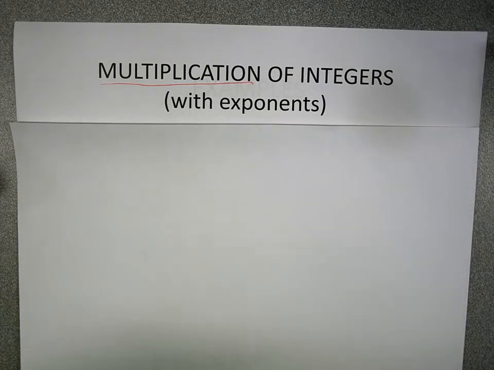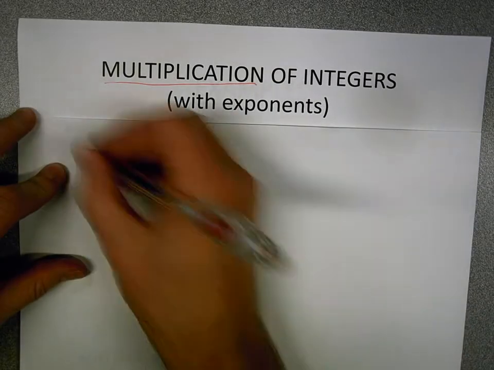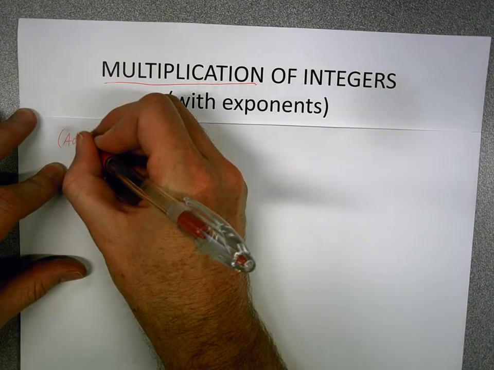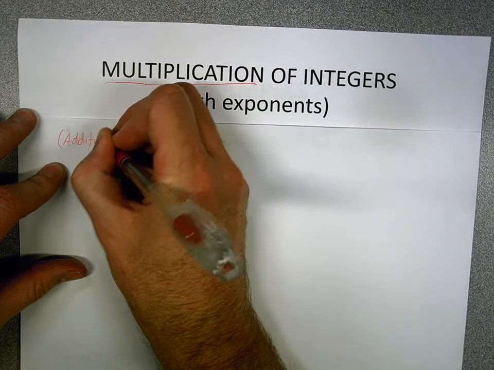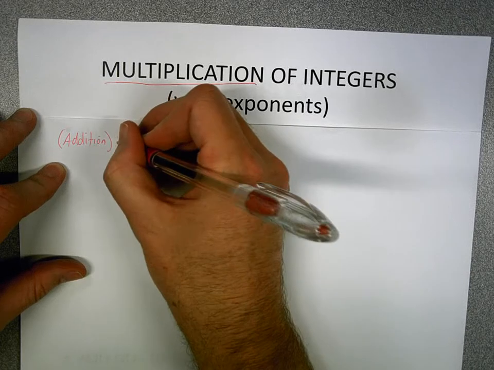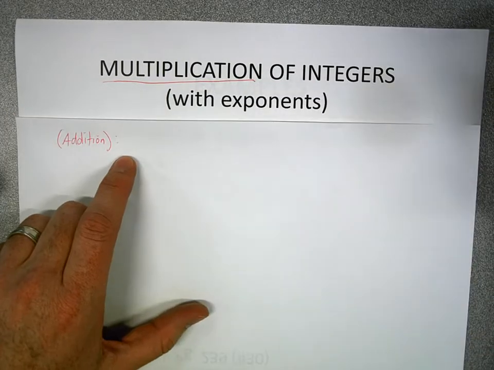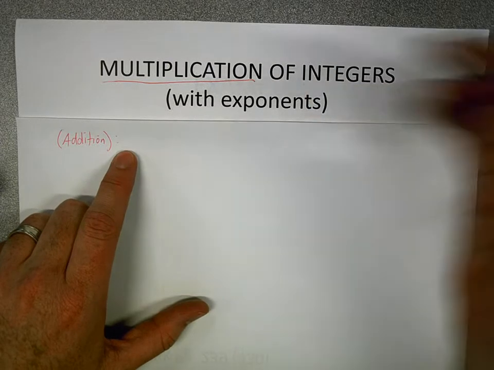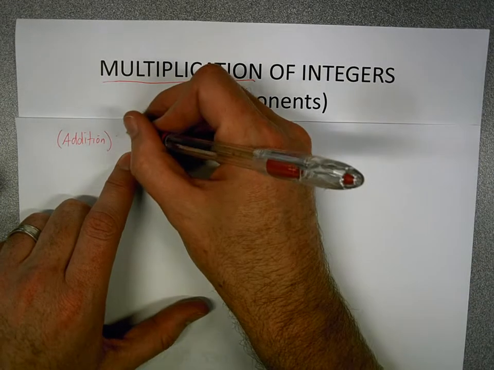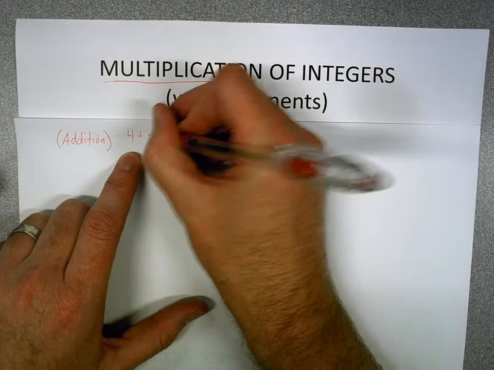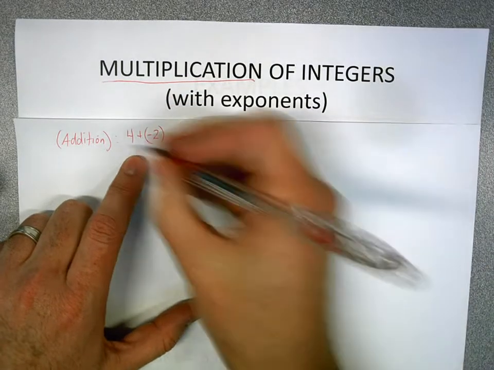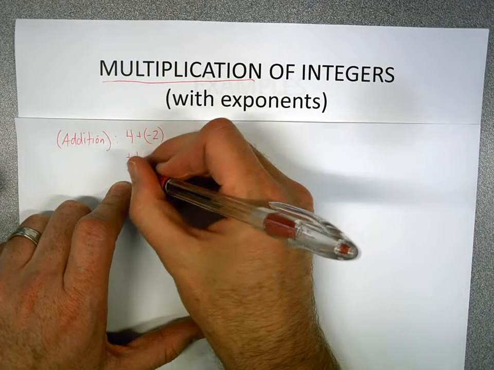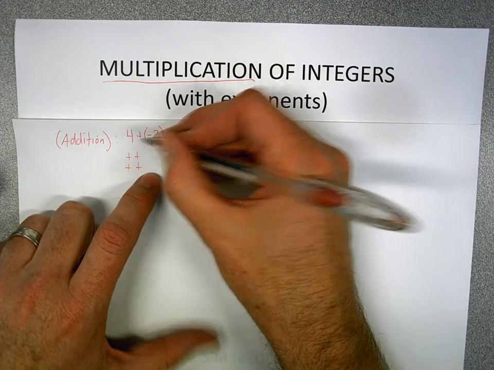Well, first of all, talking about addition, right? And just a little side note here, when we were doing our integer tiles, or integer counters, remember if we had something like 4 plus negative 2, we said, okay, well there were 4 positives and we're adding on 2 negatives.